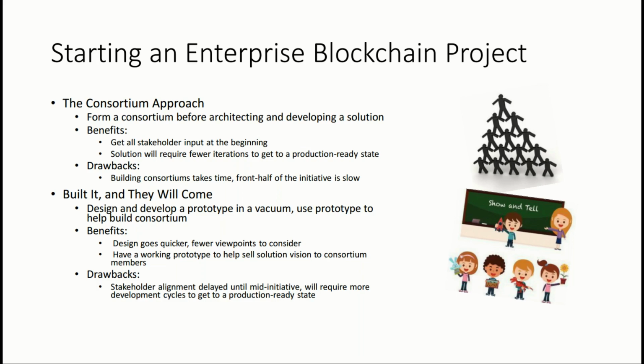And what the consortium approach says is, hey, let's go and let's form a consortium. Let's get all the participants in our business network together and sitting around at the same table before we start architecting and designing our solution. And you might ask yourself, well, what if there are no other participants? What if there's no consortium to form? And if that's the case, you may want to go back and double check whether blockchain is a really good fit.